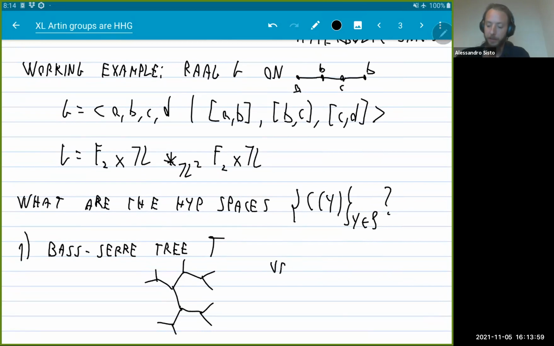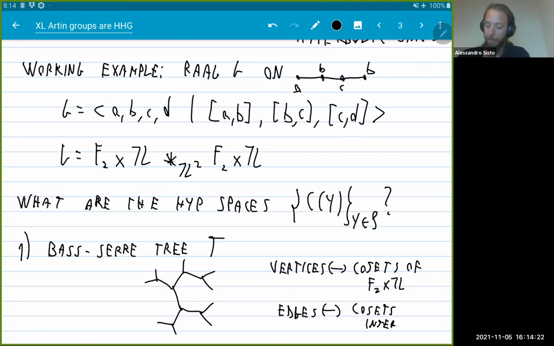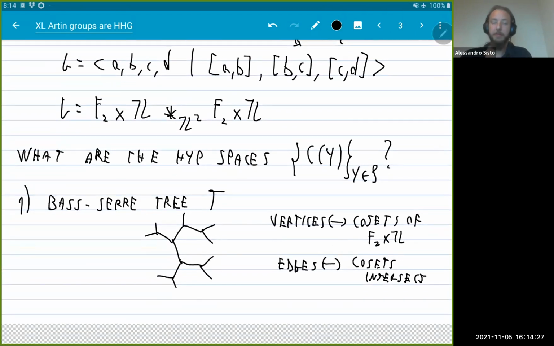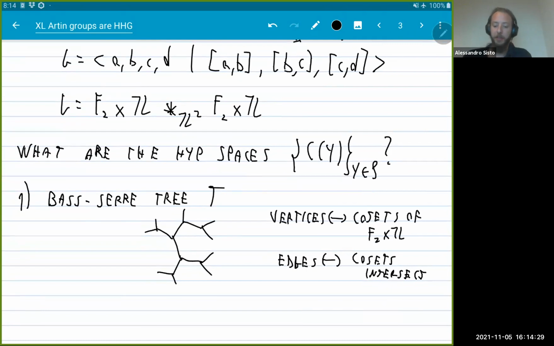The vertices of this tree are the various cosets in G of this F2 cross Z, and the edges correspond to cosets that intersect. Okay, very good. So here's one.